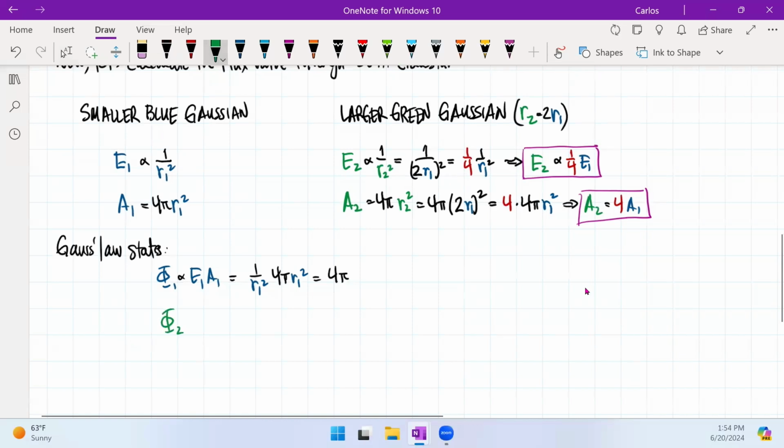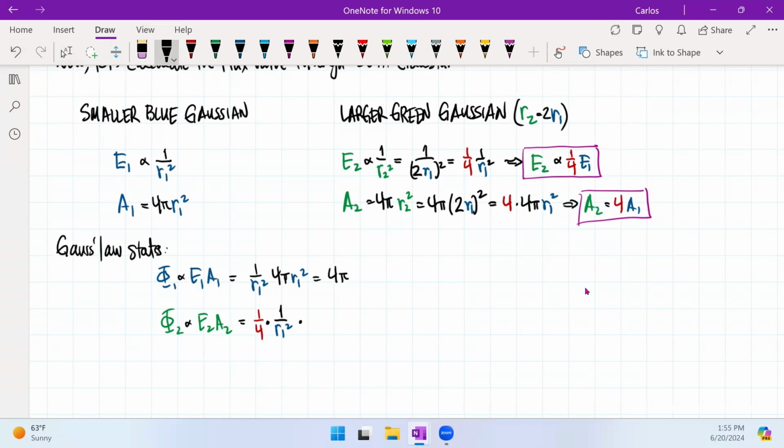Now, if I repeat the same process here, if I have the flux of 2, this is telling me that this guy's going to be E2 times that area. Now, I could do this with R2, but that's cheap. So what am I going to do it with? I'm going to do it with the values that we just calculated. So we know that the electric field 2 is a quarter strength of the field of R1 or E1.